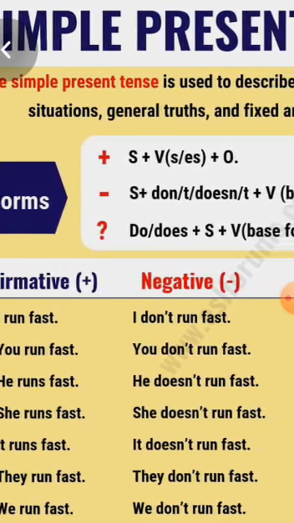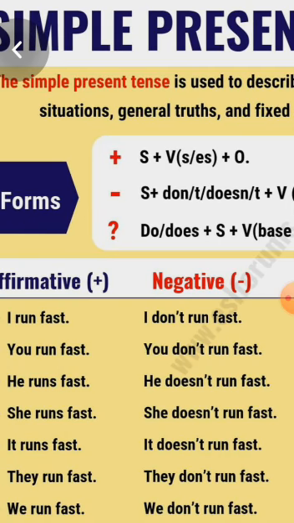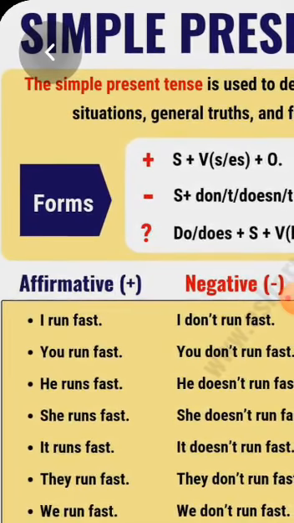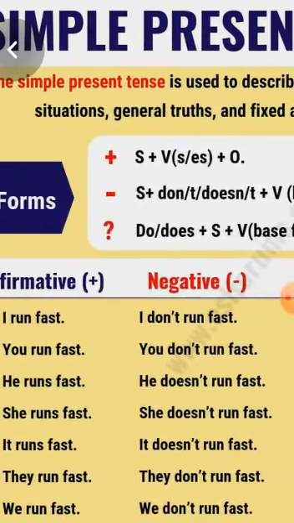So always remember that do is used with plural subjects, I, we, you, they, and all the plural subjects. But with all the singular subjects like he, she, it, cat, dog, horse, Rahul, Seema, Sonu, Samir, these are singular persons, singular subjects, so we use does. You can see the clear examples. He runs fast, but in negative he doesn't run fast.